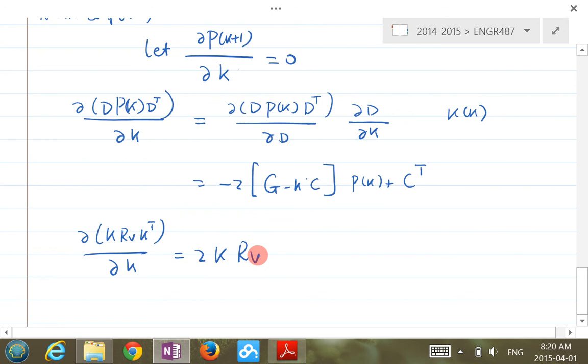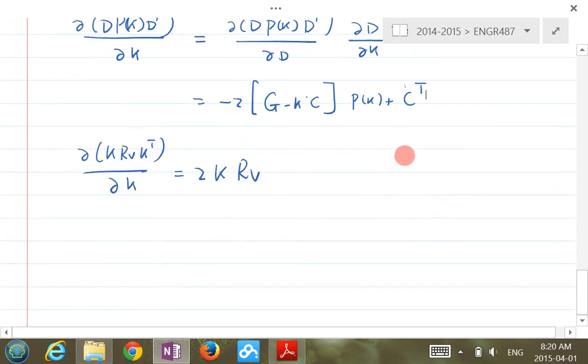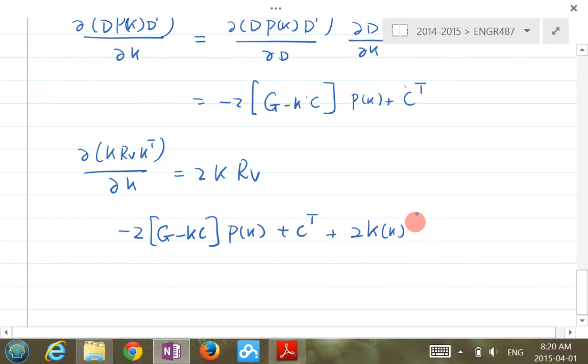So overall, the partial derivative of P with respect to k is this term plus this term, the first derivative. Then you set it equal to 0. We end up with negative 2 G minus K C, P of k, C transpose, plus 2 K R V equal to 0.